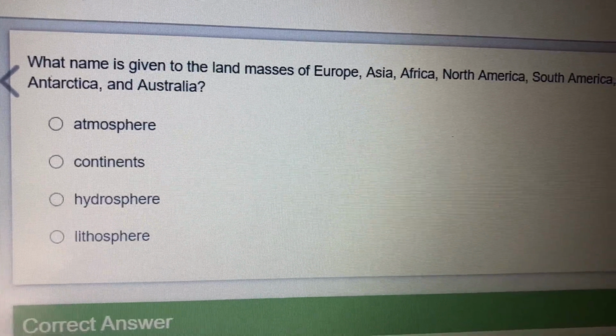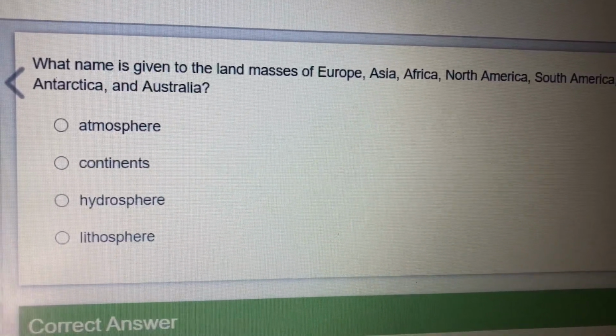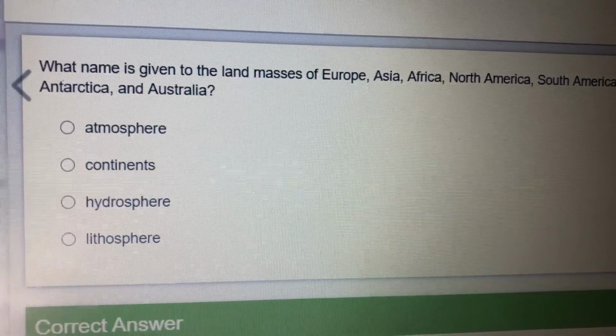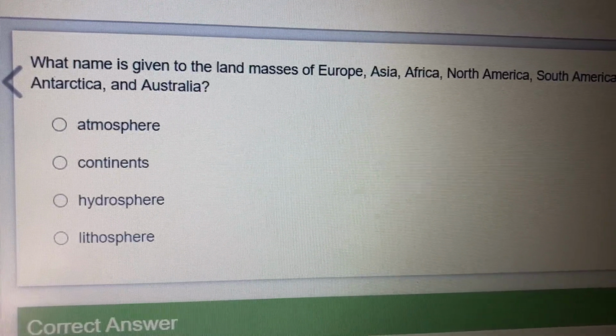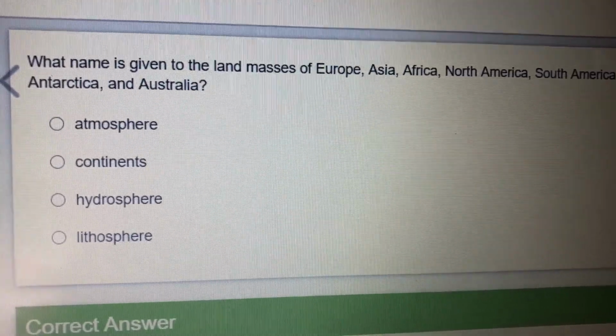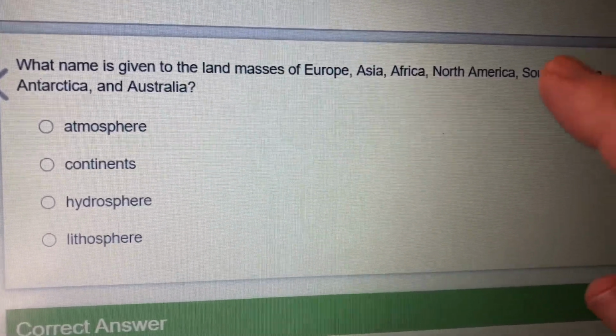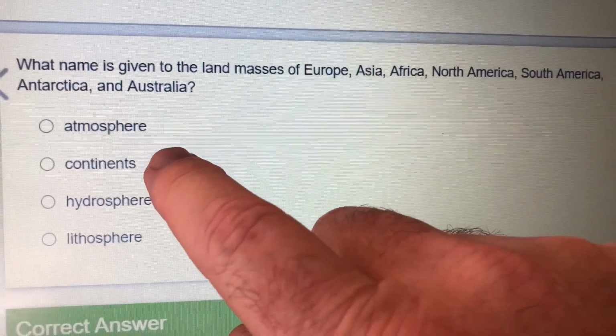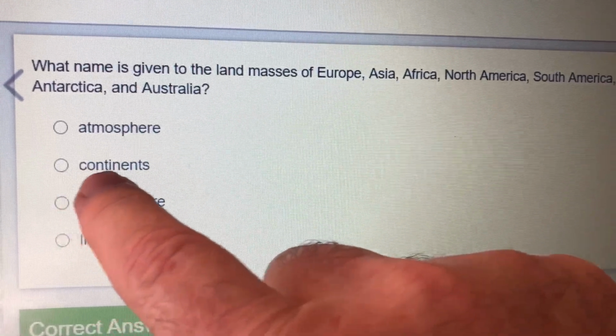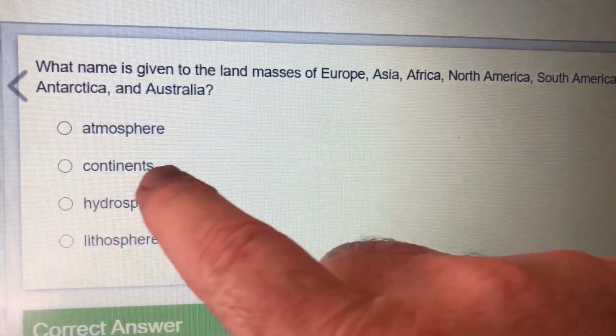So, land masses. What do you think? Discuss it with your friends, or if you're home, just think about it. You can go back in your notes. So the land masses are the continents. The continents, okay?